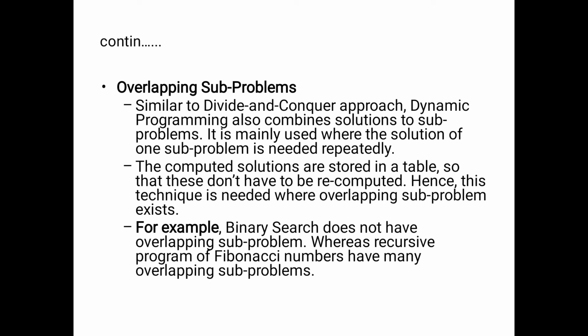Here we need not calculate again. We store that value in a table or array format, so we do not need to recalculate the subproblems. This is the overlapping subproblem.